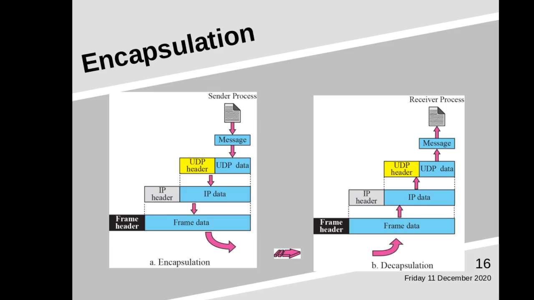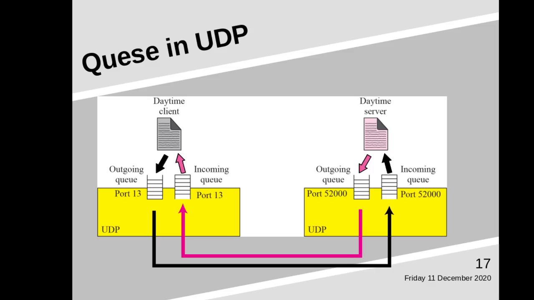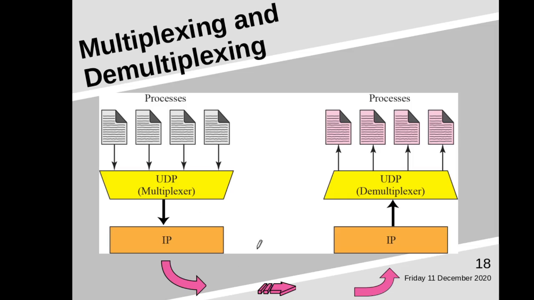If you think about queuing, for each port you will have an outgoing queue and an incoming queue. In this way you will maintain the queues. These queues can also overflow on the receiver side, right? Now the other thing is you have bandwidth.